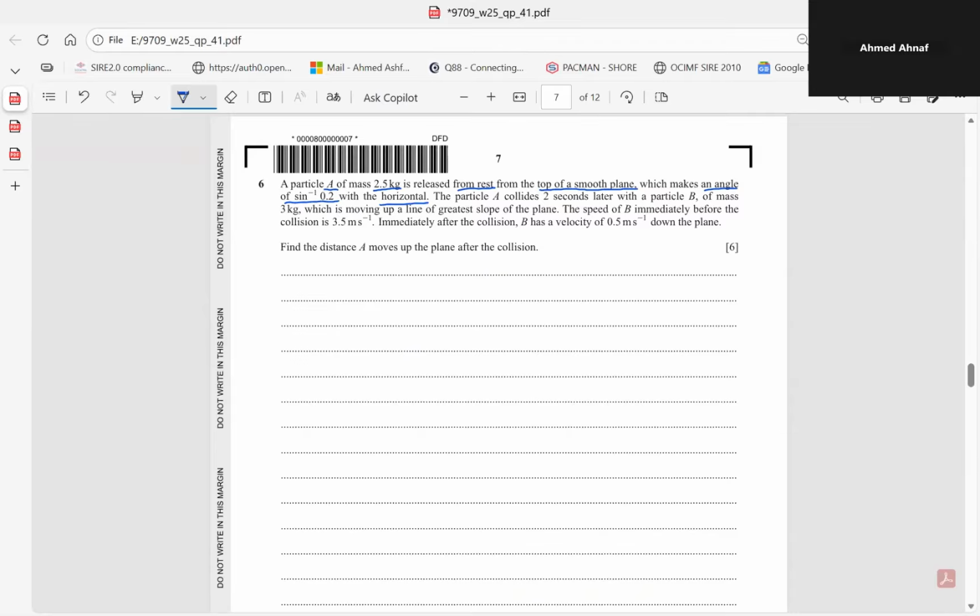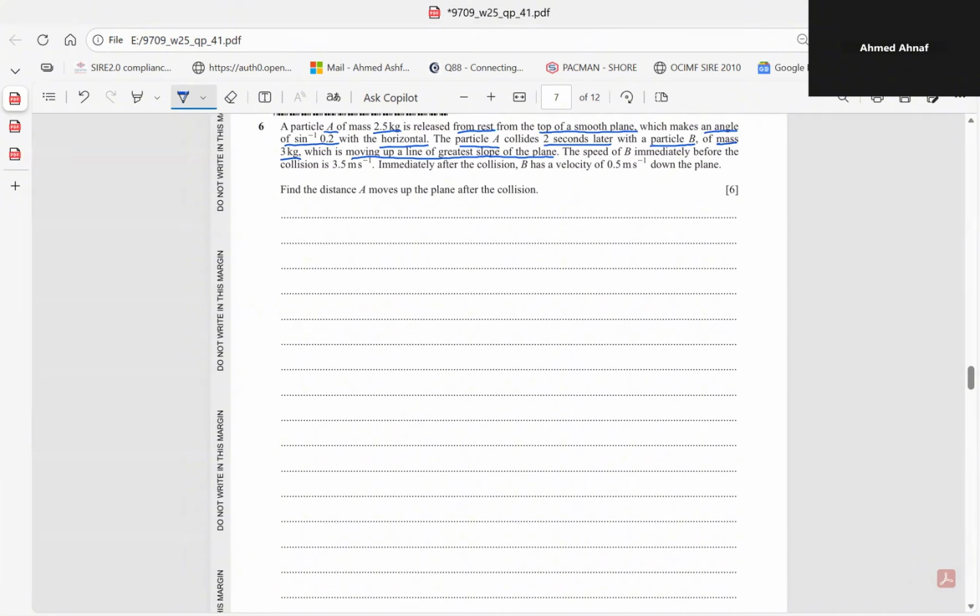Okay, so we are gonna have to sketch all this out later. Okay, and then the particle A collides 2 seconds later with a particle B, of mass 3 kg, which is moving up a line of greatest slope of the plane. Okay, so they're moving in opposite directions.